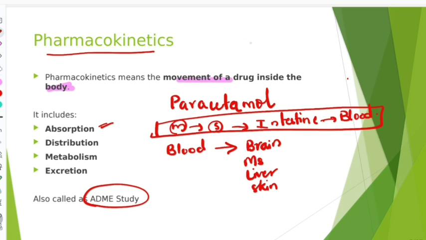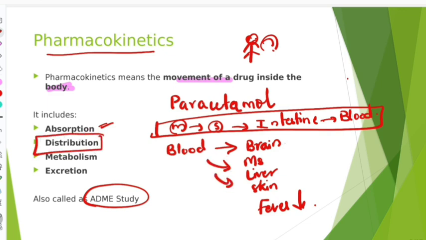Whoever has taken paracetamol, he had fever, so this drug reduced his fever. The spreading of the drug from the blood to the tissues is called as distribution. This much clear? Yes.